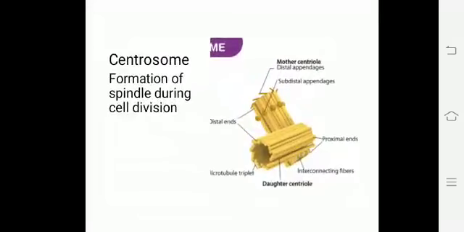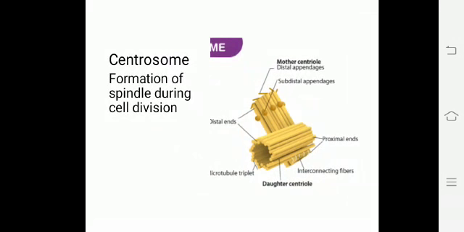Next one, centrosome. Centrosome is also one of the organelles. My dear students, we can see the centrosome only in the animal cell. We can't see it in the plant cell. What is the structure of the centrosome? It looks like a cylindrical shape. Two cylindrical bodies are positioned at right angles to each other.